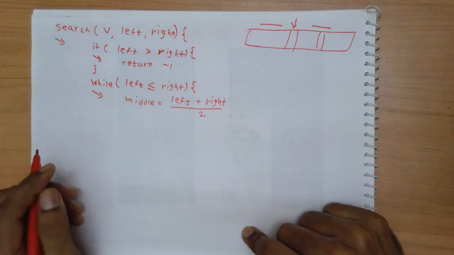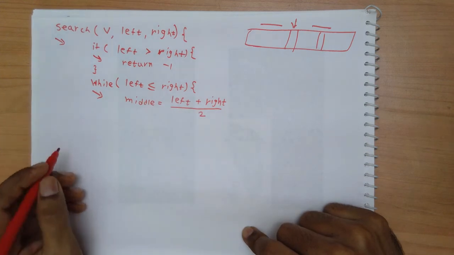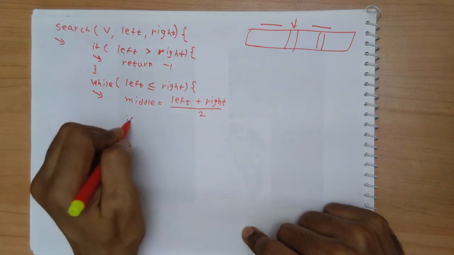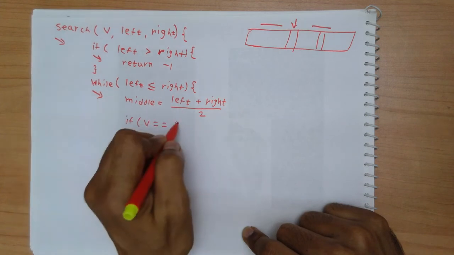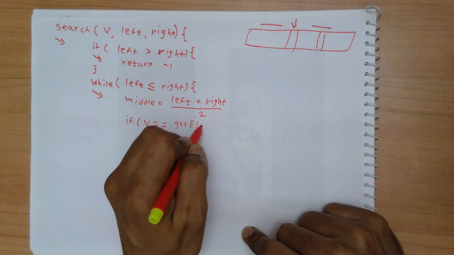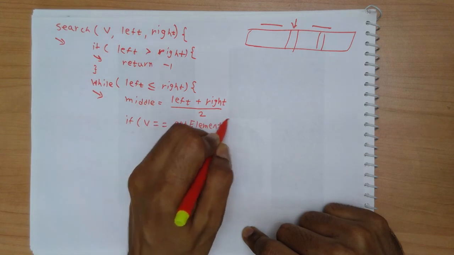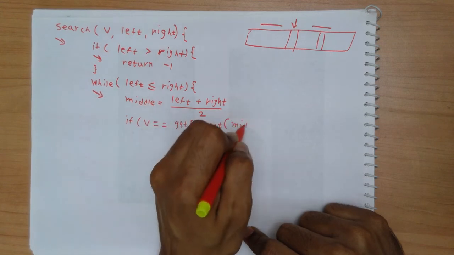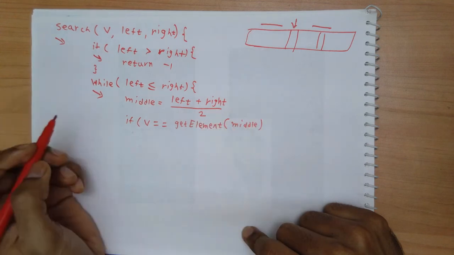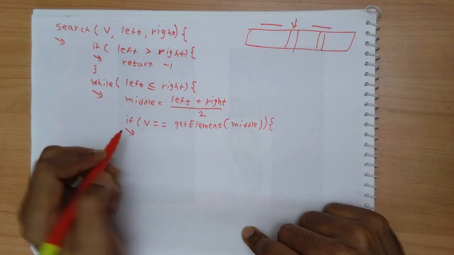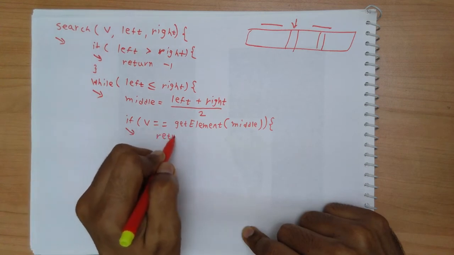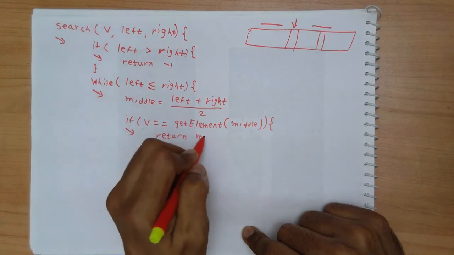So we got the index. Then we should compare our value. If v is equal to the element at middle, and if it is the same, we should return the middle.